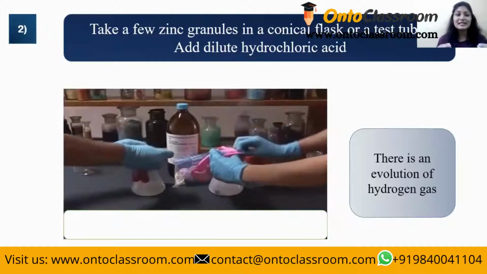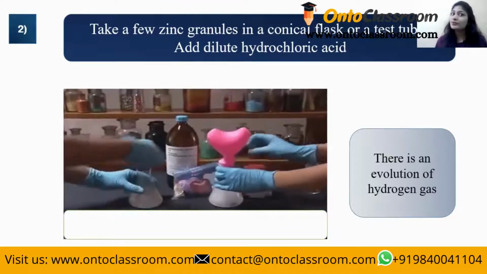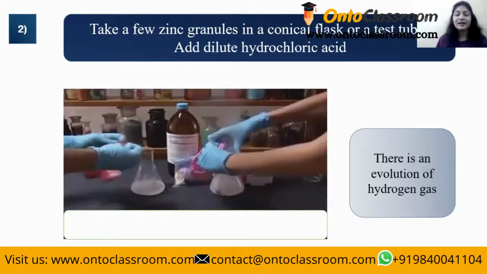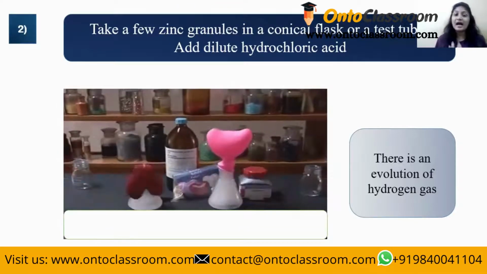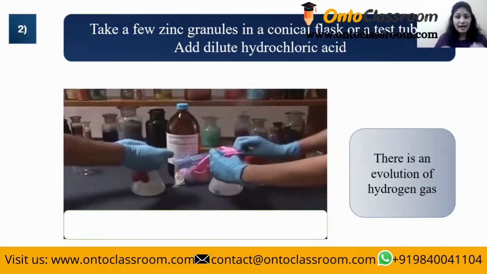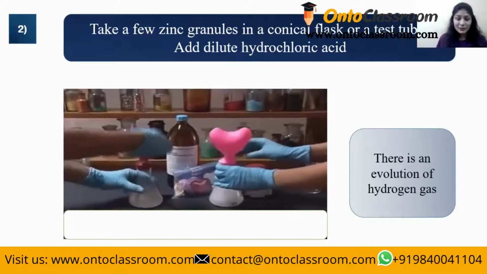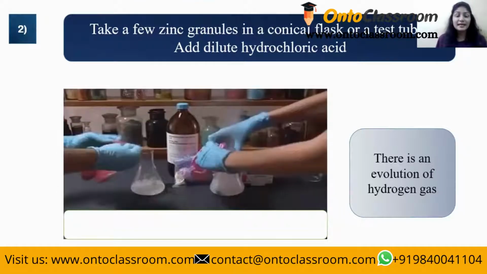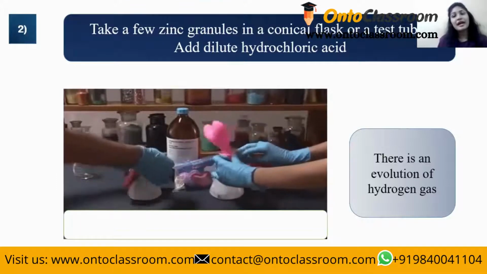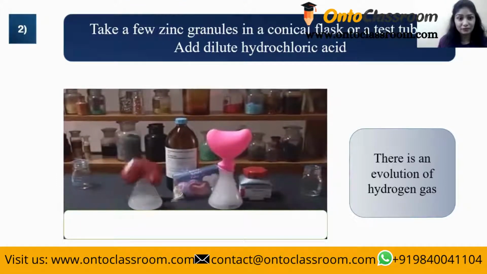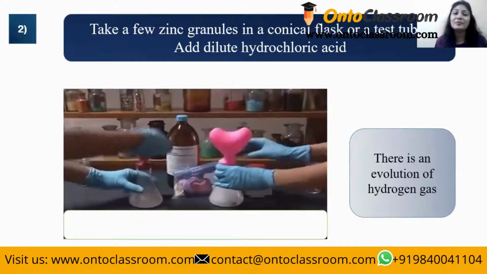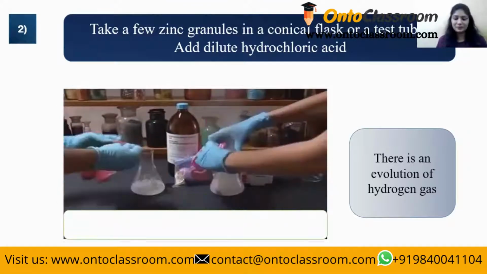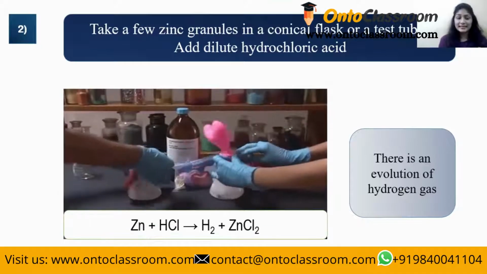Hydrogen is a gas, and we all know that gases flow easily. Because hydrogen gas is produced, and you put balloons over the flasks, all the hydrogen gas enters the balloons, and hence the balloons are inflating. Now let's see what type of chemical reaction actually happened here.